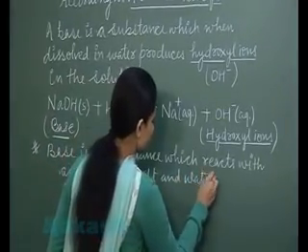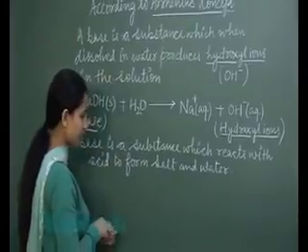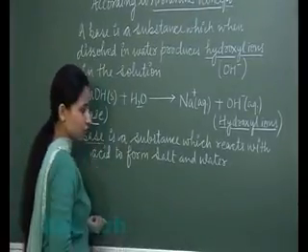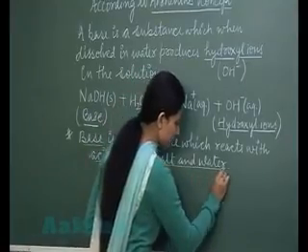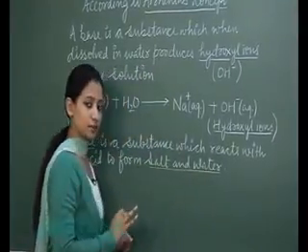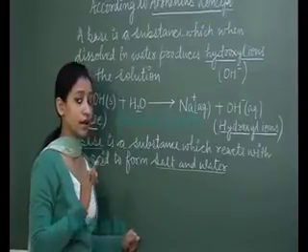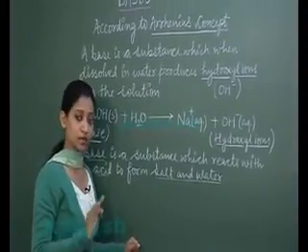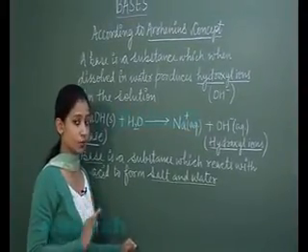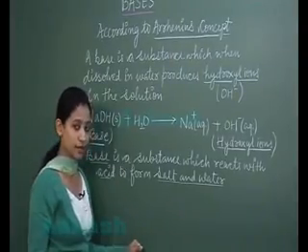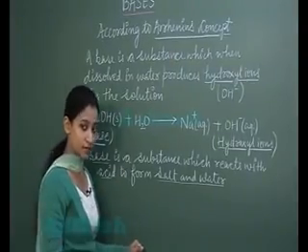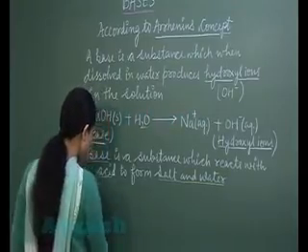Now when we say that base is a substance which reacts with the acid to form salt and water, then through this definition, in the bases we can include metal hydroxides also, metal oxides also, and aqueous ammonia also. So according to this definition, what is a base?